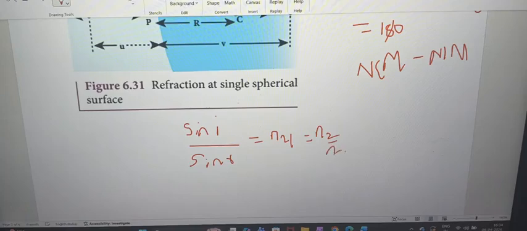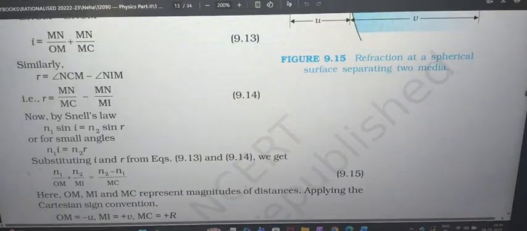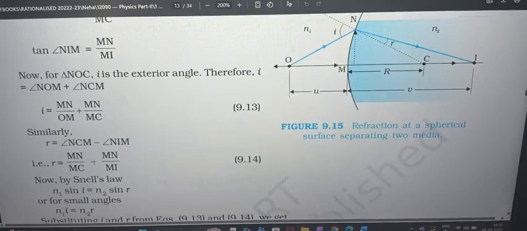So they have just cross multiplied: n1 sin I is equal to n2 sin R. Now as I said, we are considering the angles to be really small, so we can approximate sin I as I and sin R as R. So n1 into I is equal to n2 into R.